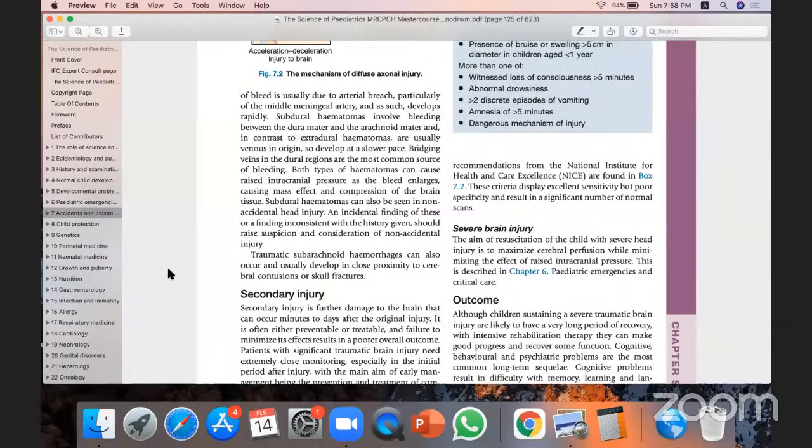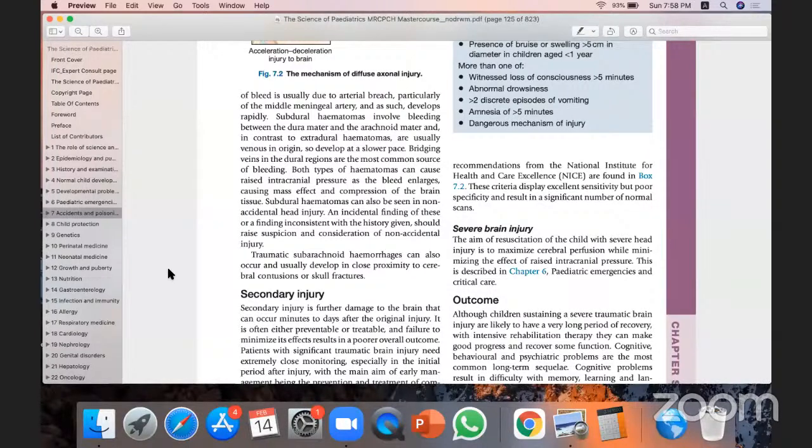Now what is this page? We discussed in our last class that for subdural hematoma, there are other possibilities: accidental injury, non-accidental injury. Another one, who can tell us? Glutaric aciduria, yes, glutaric acidemia.